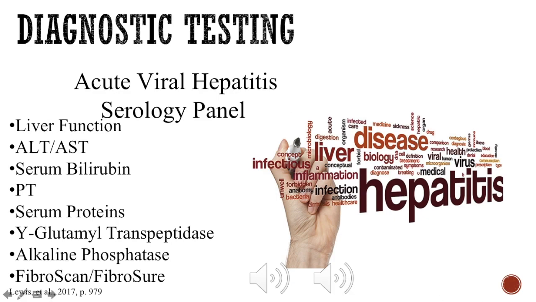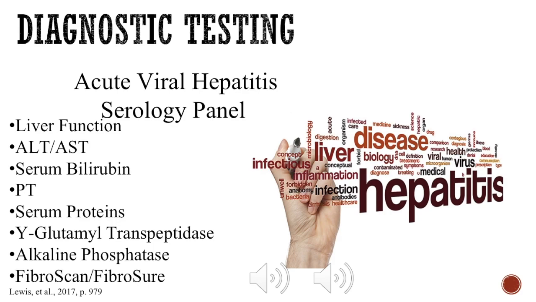The FibroScan is a specialized ultrasound machine made just for the liver. It's going to measure fibrosis, which is scarring, and steatosis, which is fatty change within the liver. Fatty change is when fat builds up within the liver cells, and this occurs in liver disease or when there's damage done to the liver.